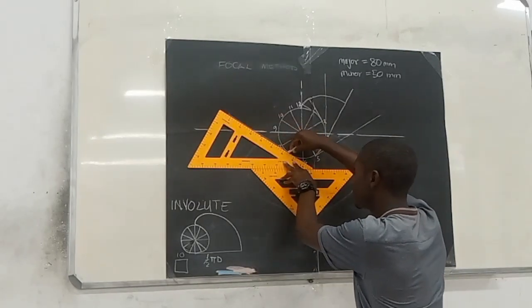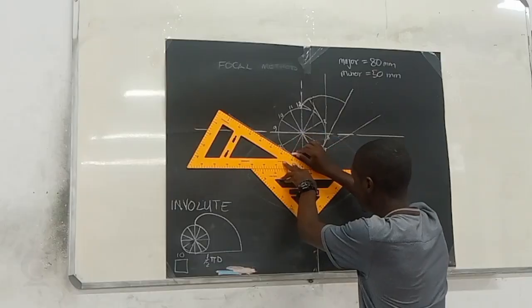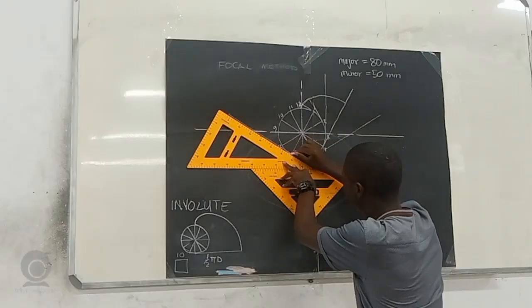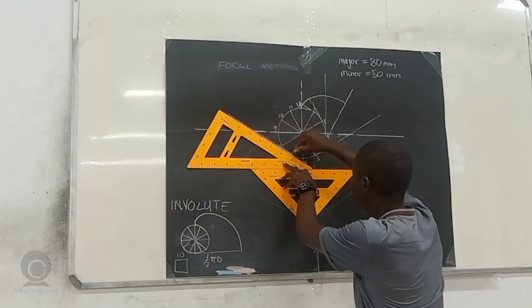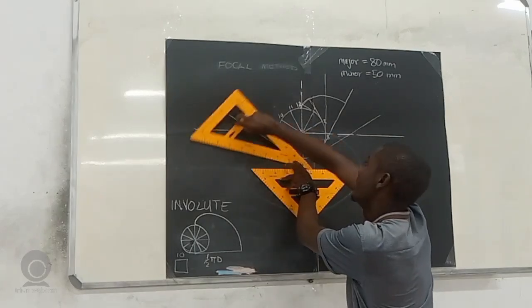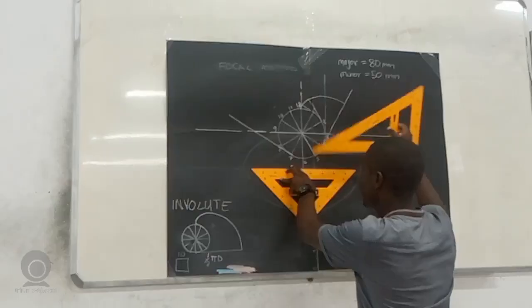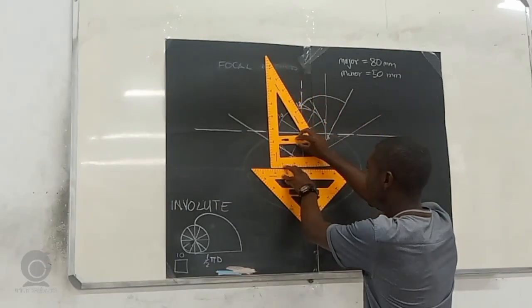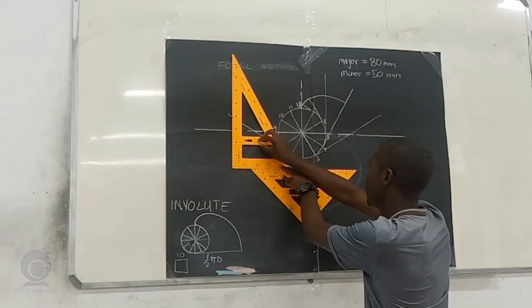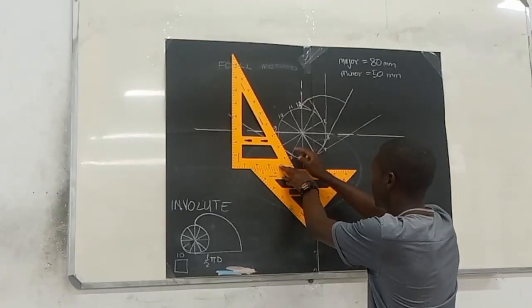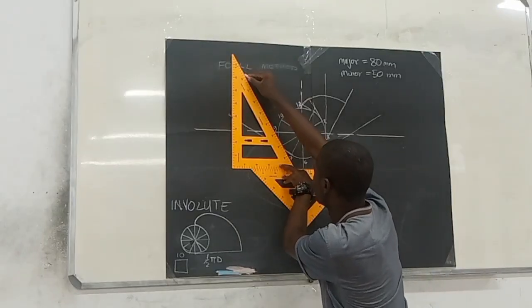Make sure you're using a T-square for this, or else your angles won't be the way they are supposed to be. If I want one here, I'll keep rotating until I see something that looks like a 90. For example, when I rotate up to this point, I can have a 90.